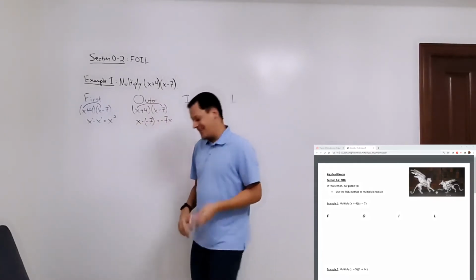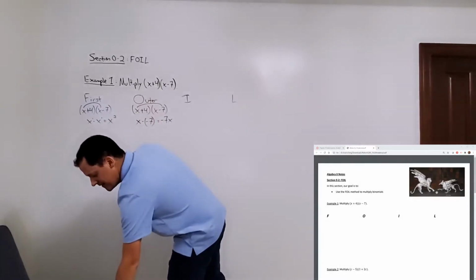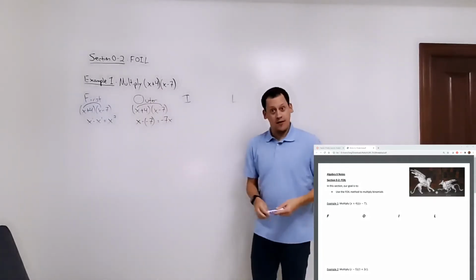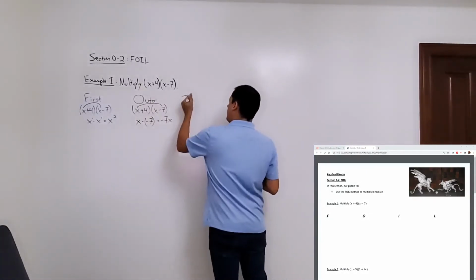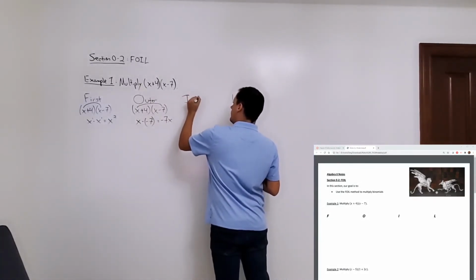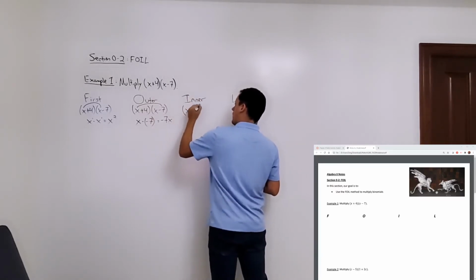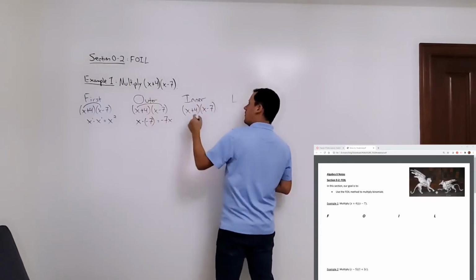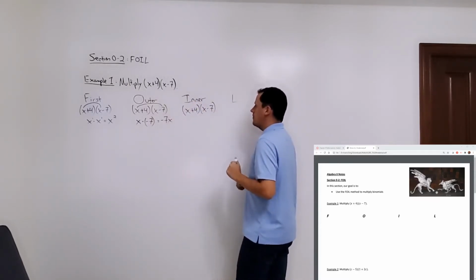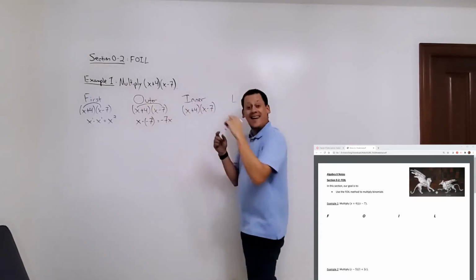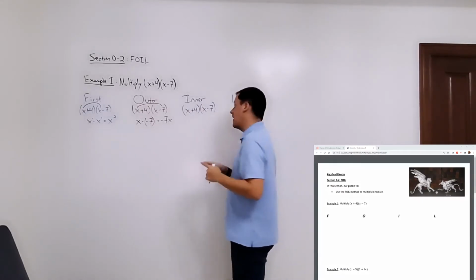Okay? So that's the first step and the outer step. The I stands for inside or inner. Okay, so again, starting with the original problem here, we're going to take the two inner terms and multiply them together.